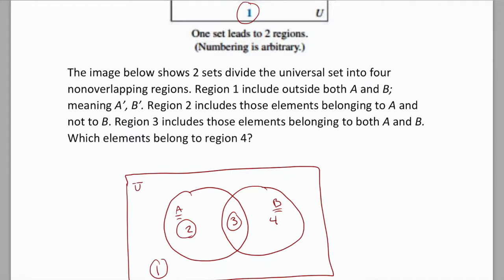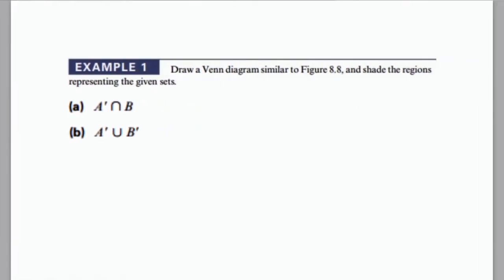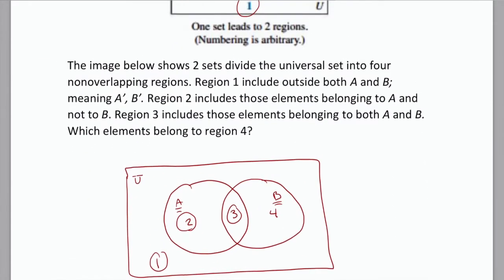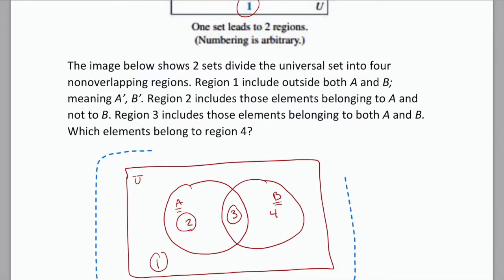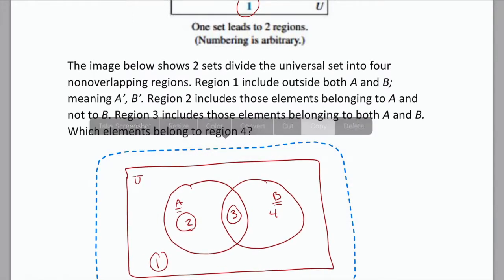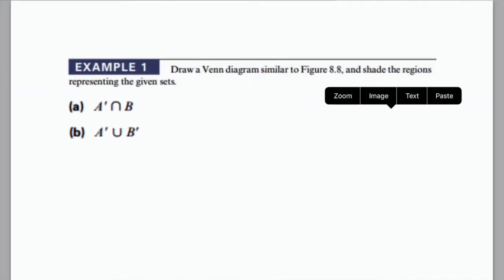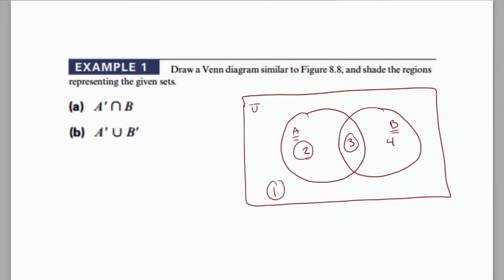Now, using the same idea, we're going to follow the same picture we had before. So let's just copy and paste it. We have A complement intersection B. A complement would be 1 and 4.